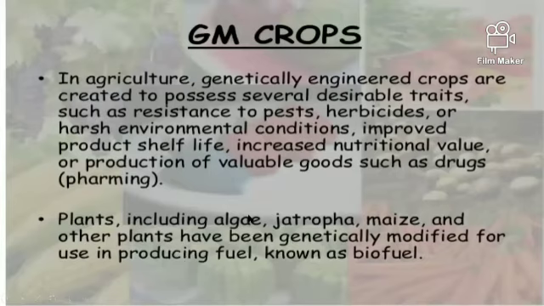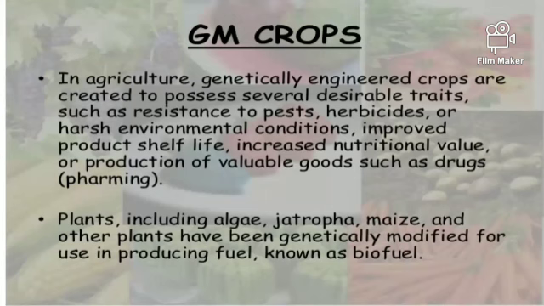Then GM crops. In agriculture, genetic engineering describes crops that are created with several desirable traits. So it can be a pest resistant crop, herbicide resistant crop, resistant to harsh environmental conditions, having valuable products such as drugs and pharmaceutical production. Plants including algae, jatropha, maize, and others have been genetically modified for use as fuel, known as biofuel.